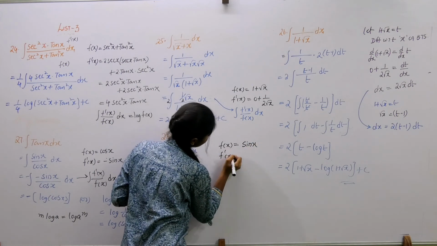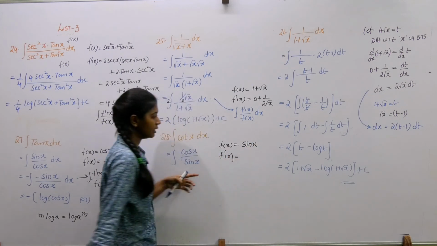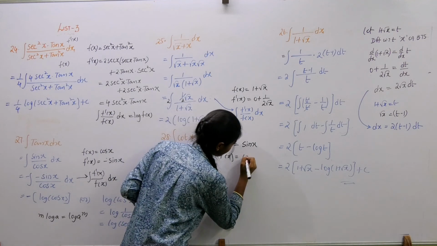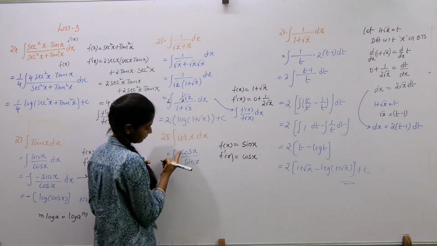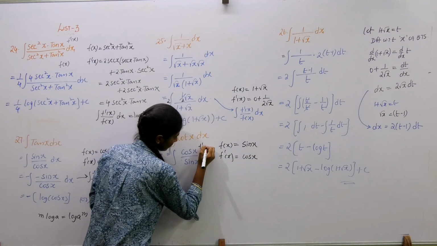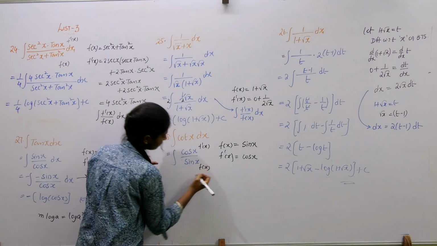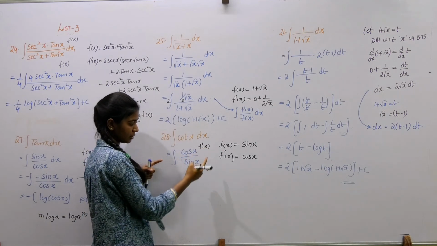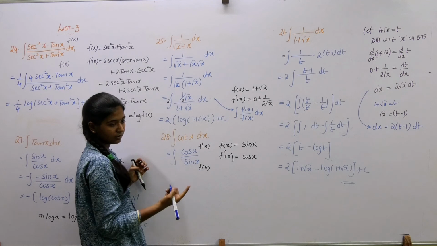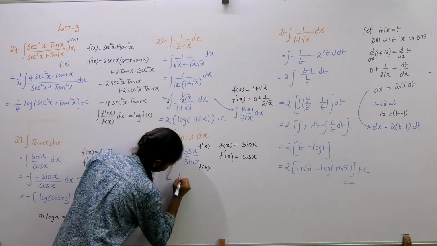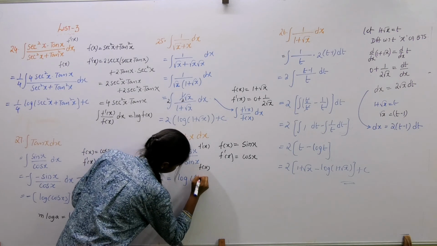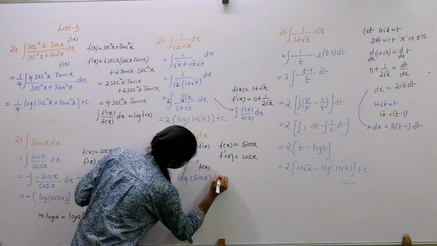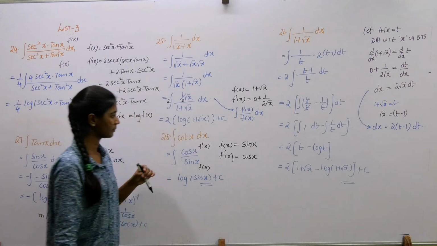Then, f dash of x is equal to d by dx of sin x, which is cos x. This is f dash of x value, this is f of x value. This is in the form of f dash of x by f of x, which is equal to log of f of x. Log of f of x is log of sin x plus c.